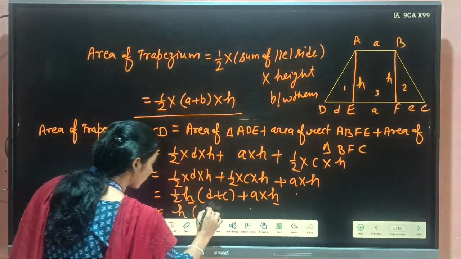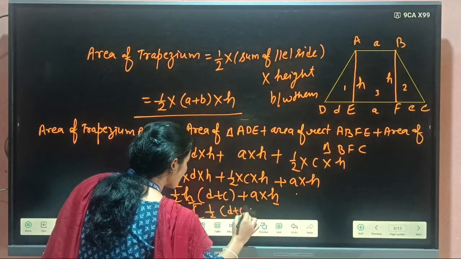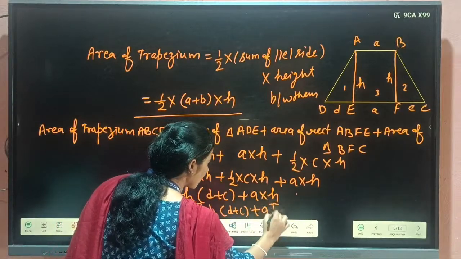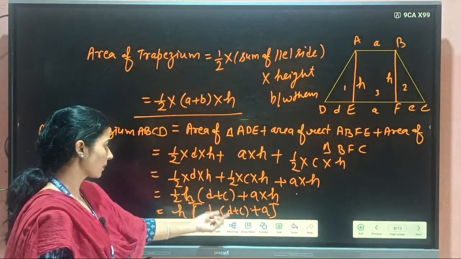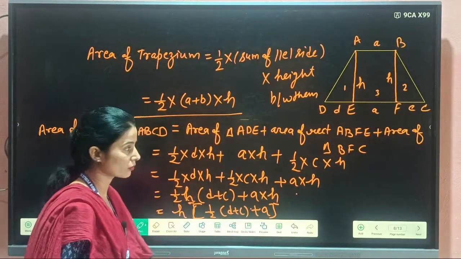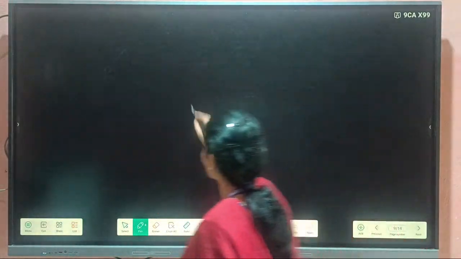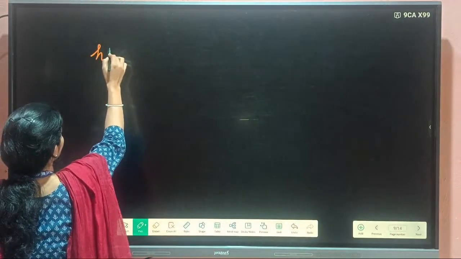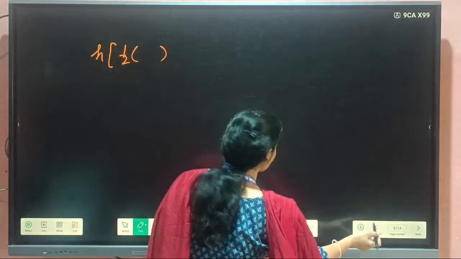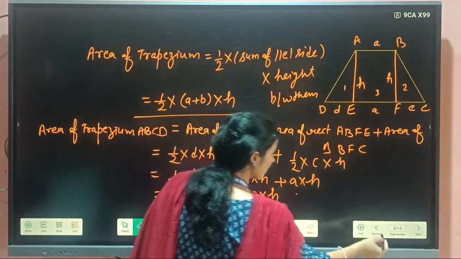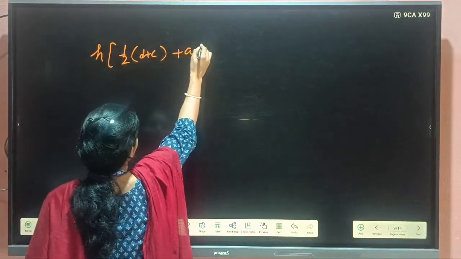After taking H common, we got 1 by 2 into D plus C plus A, H is common, 1 by 2 as it is, this D plus C also as it is, and then this A is also as it is. So H into 1 by 2 into D plus C plus A.